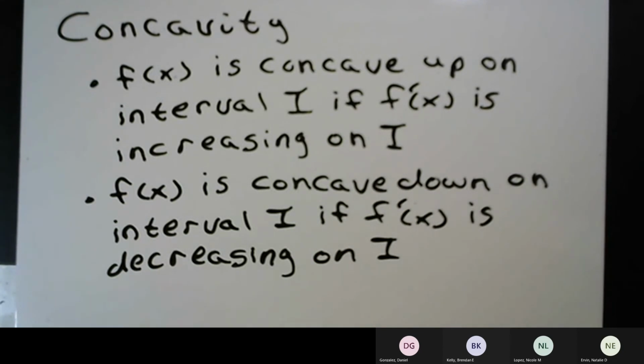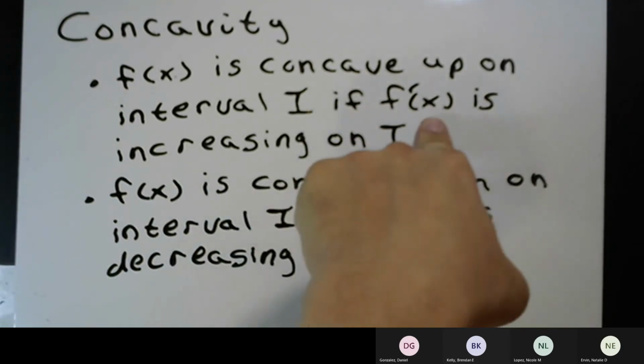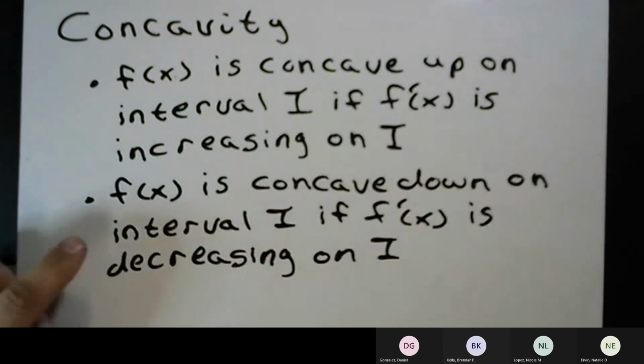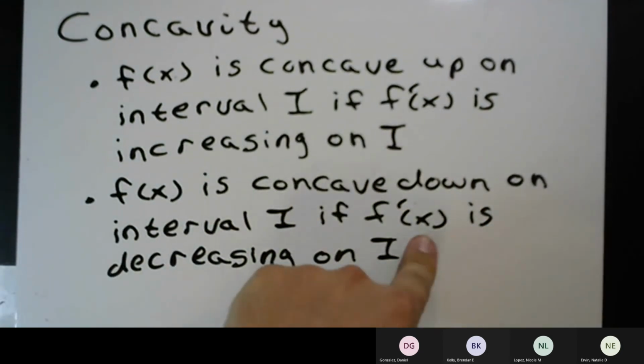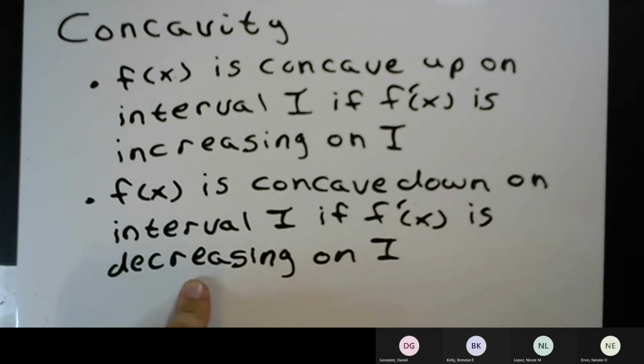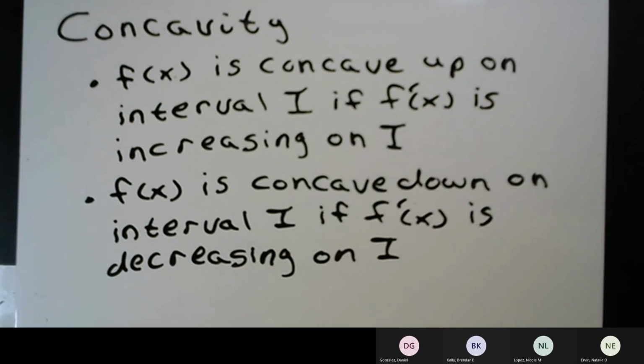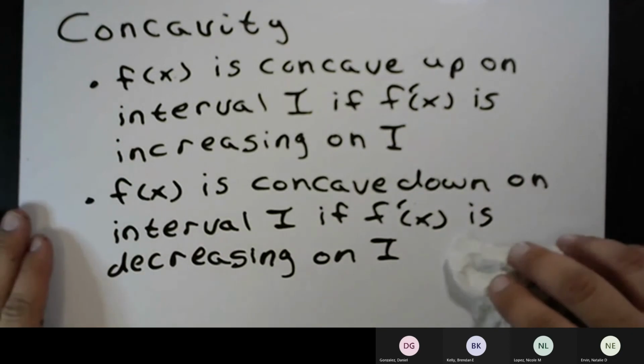So we say f of x is concave up based on what f prime of x is doing, and that's if f prime of x is increasing. And then we say f of x is concave down if f prime of x is decreasing. So let's talk about what it means for f prime of x to be increasing or decreasing. What does that actually mean?